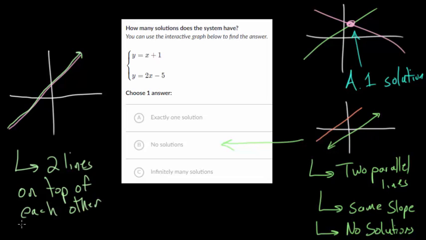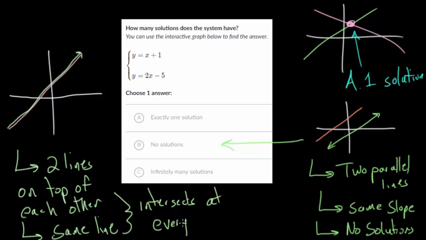And another way to put this, you can say that they're the same line. And if they're the same line, or if they're on top of each other, this means they intersect at every single point. Or in other words, this is the case where you have infinite solutions.